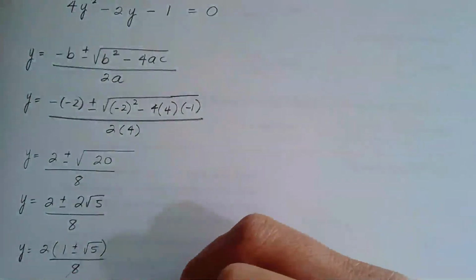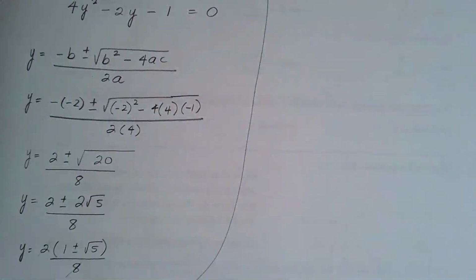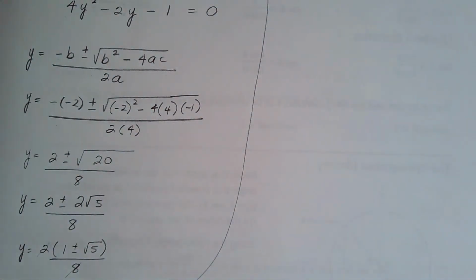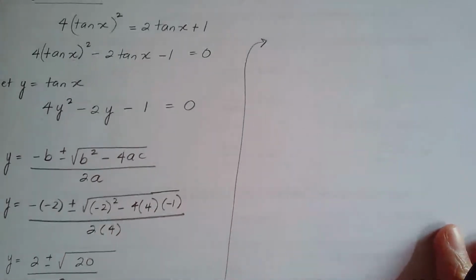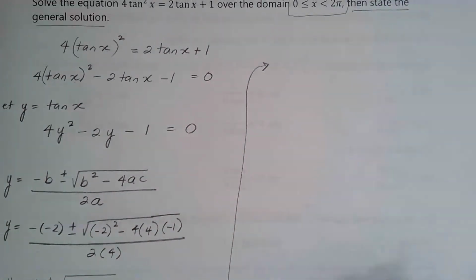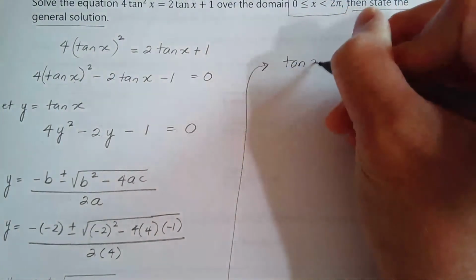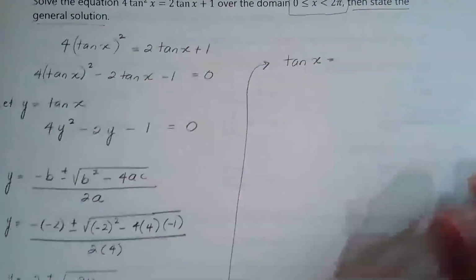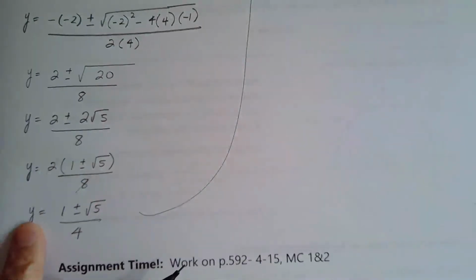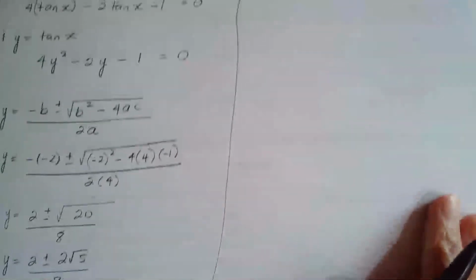Okay, so we're going to go back up here, where our equation doesn't have y, our equation has tan of x. So we're going to go back and see. That means our tan of x is equal to, remember, the y is tan of x, so we're going to replace the tan of x back.